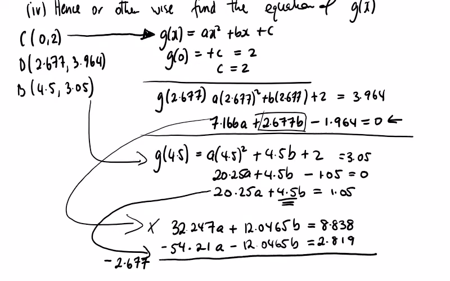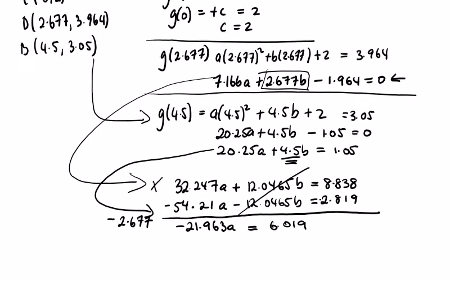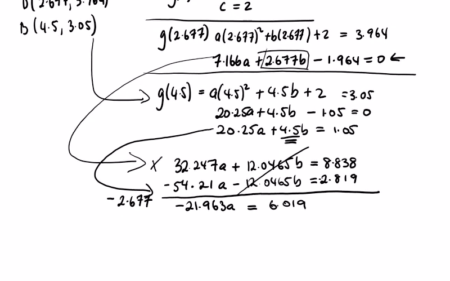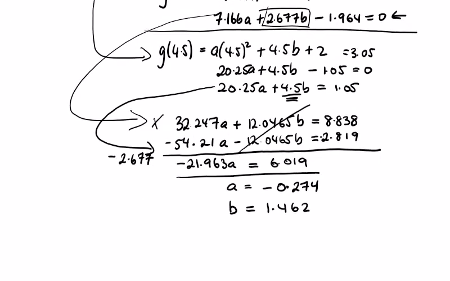And if we combine these two lines, my b's will cancel, and I'm left with these two values for a. A is equal to this. So A is equal to minus 0.274 on my calculator. And if we sub that back in, we're going to get a value for B of 1.462.